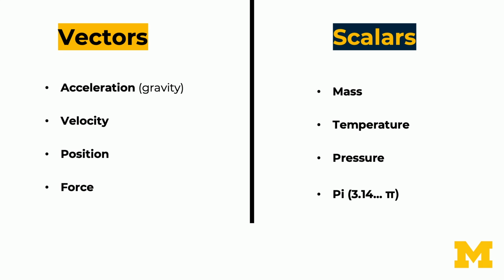So let's think about what things are vectors and what things are called scalars. Vectors have directionality. So acceleration is actually a vector. Gravity operates in the up-down direction. When we change velocity, we could change velocity in our east-west direction or our north-south direction. So velocity is a vector. Position is a vector because you can go east or north or south.